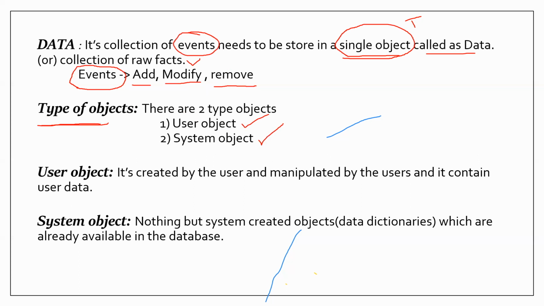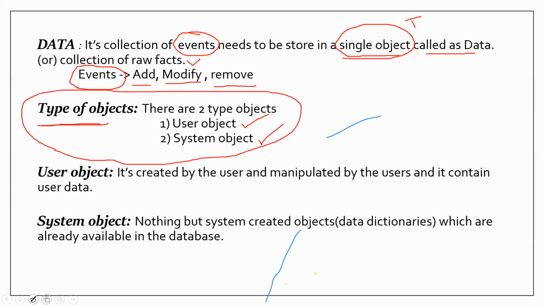In database level, we have only these two objects. So now, what is a user object?